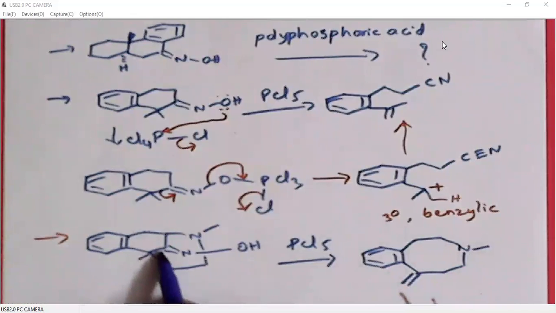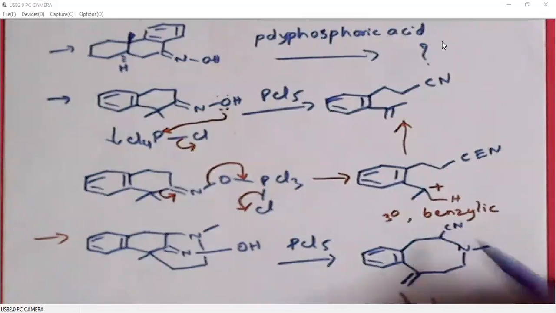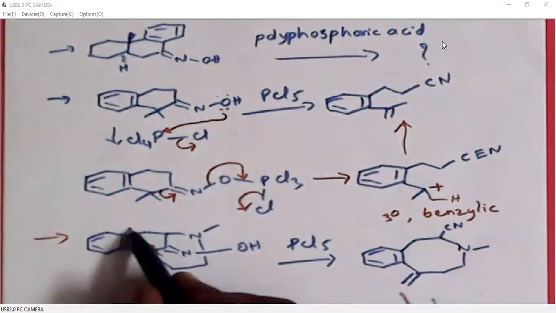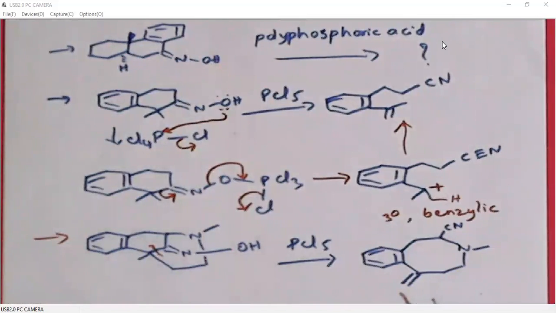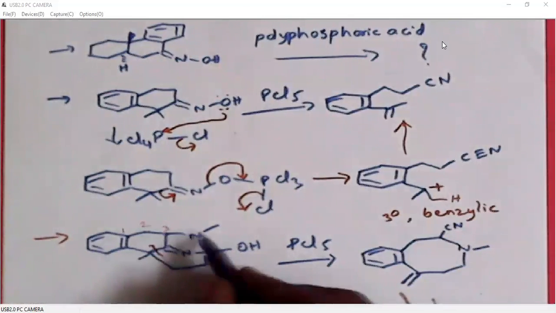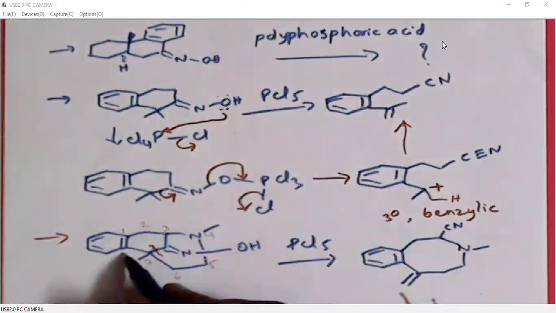This is the bond which will undergo breaking, and cyanide is here. So this is the bond which will undergo bond breaking. This is the bond, and we can also write the numbering: 1, 2, 3, 4, 5, 6, 7, 8.